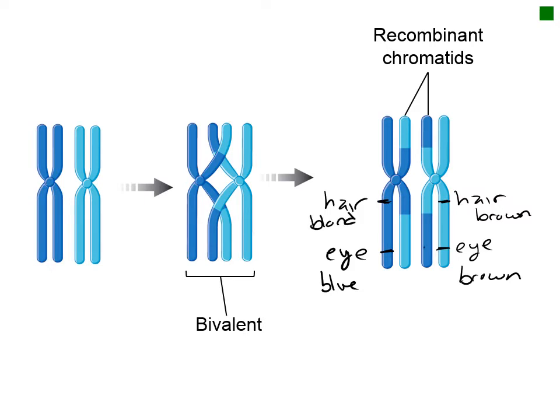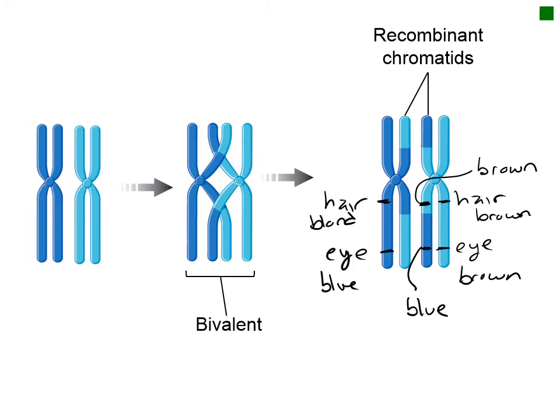After crossing over, the recombinant chromatids have now mixed up those combinations because the blue-eyed gene on Dad's piece of chromatid is now next to the brown hair color gene that had come from Mom's. This increases the possible combination of traits that will be observed in the offspring.